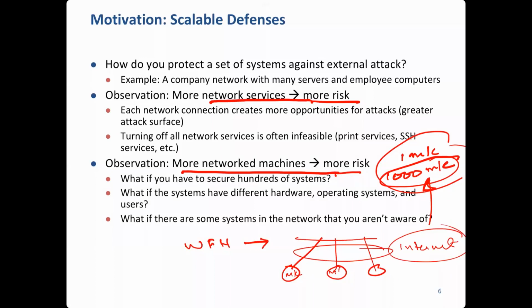So we are moving towards that. However, if there are a number of people in an organization, then we need to provide a common mechanism of protection. So now, of course, this common mechanism is the firewall.